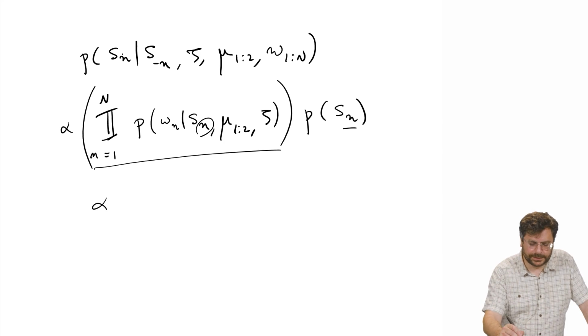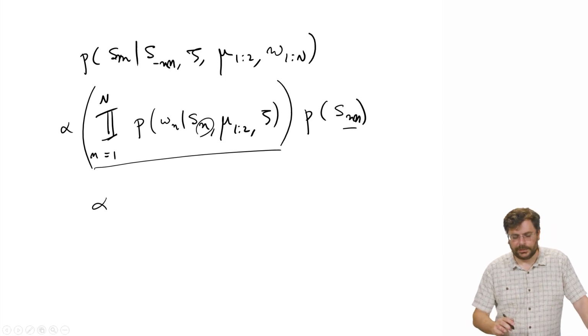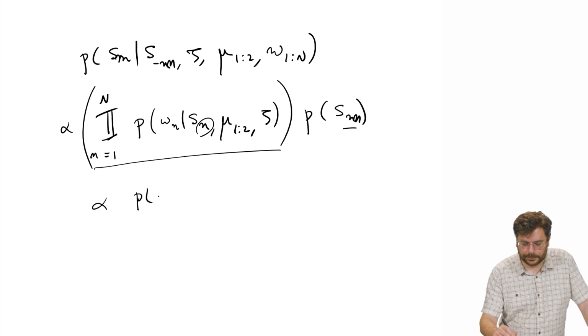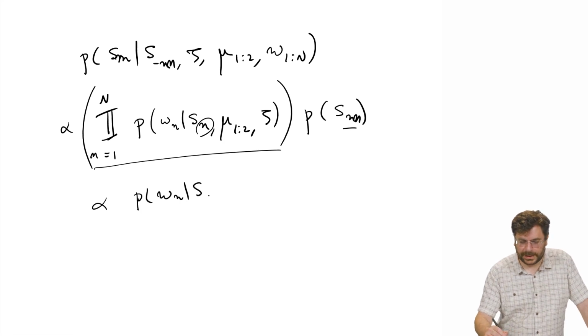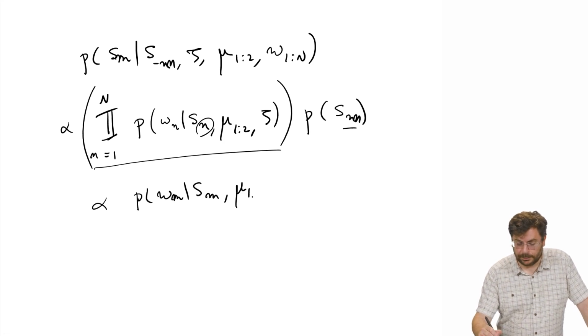Maybe I could call this m. I call this m. So only one term in the sum will have a Sn for which n is equal to m, and this will be mu sub Sm, tau, P of Sm.